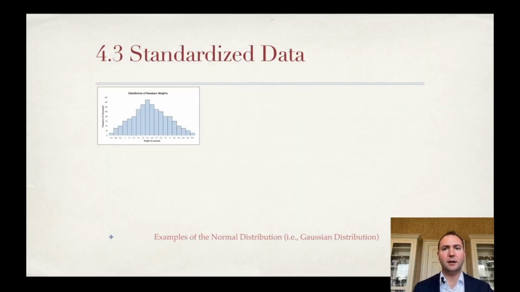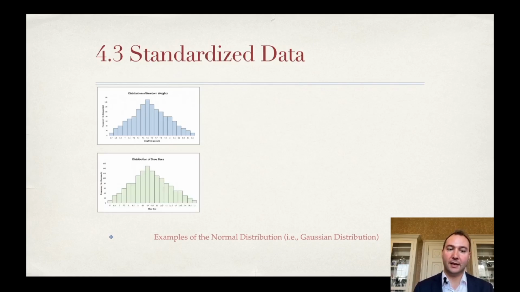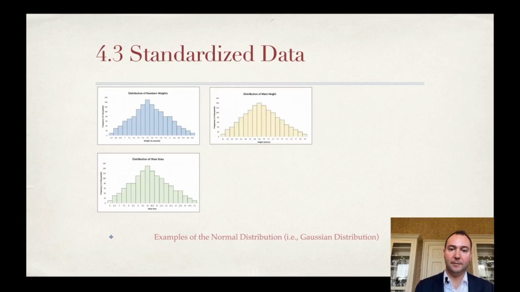So let's think about data. Here's an example of the average weight and the variability of that weight of newborns. Our second example is shoe sizes. The average shoe size is about a US size 10, and we see the frequency on the y-axis. The next example is male height.